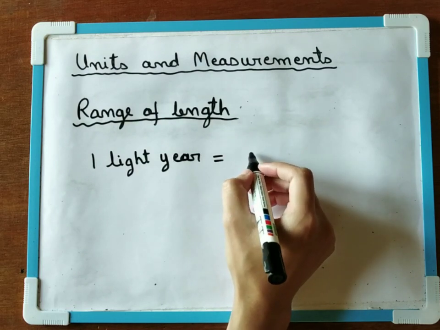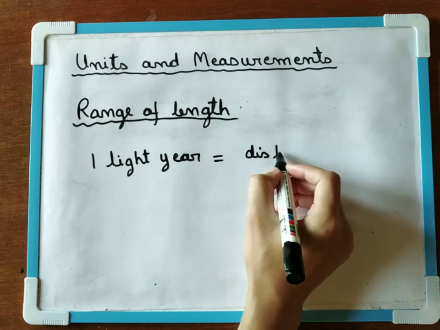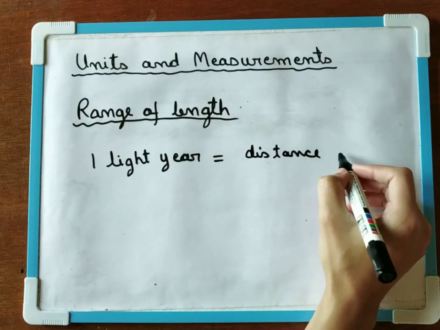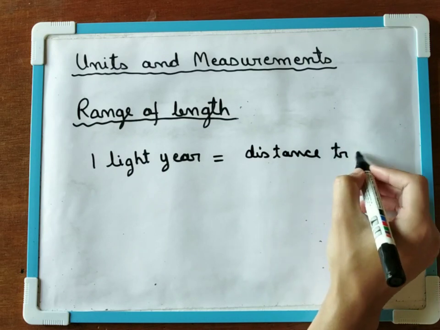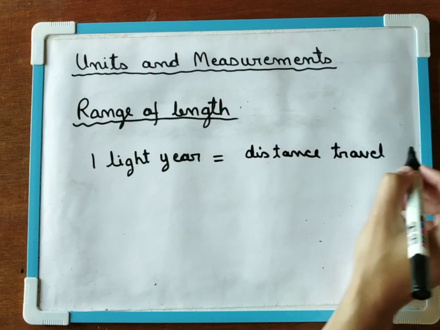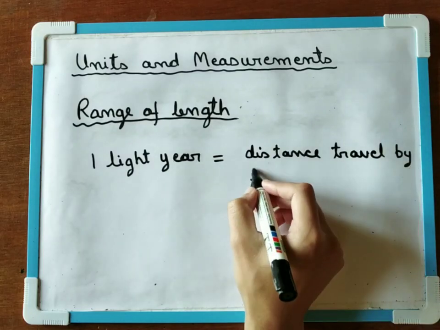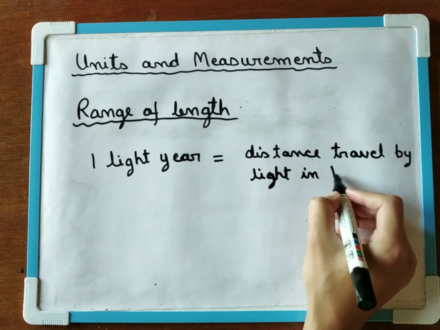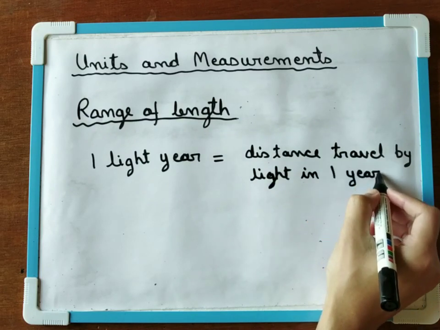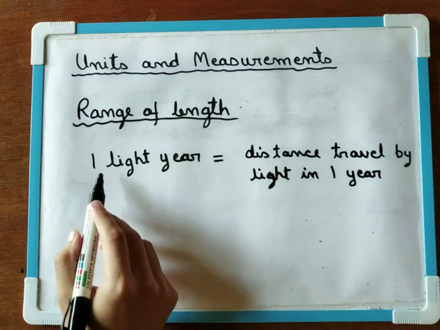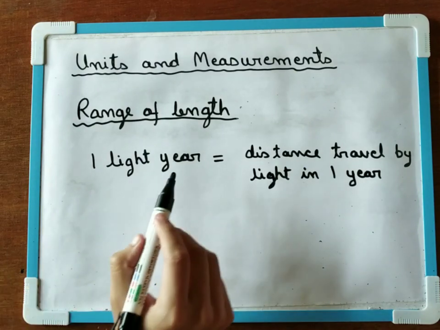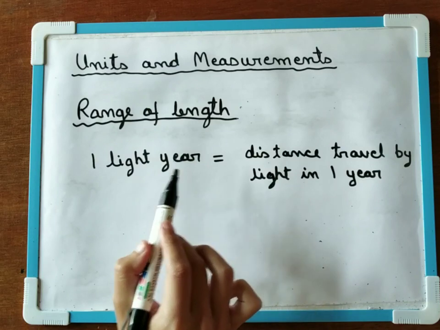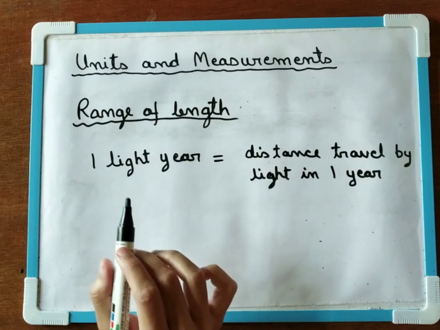So 1 light year is equal to the distance traveled by light in 1 year. Okay, so this is a unit of distance. Remember, don't be confused because we have a year here. It doesn't mean that it is the unit of time. It is the unit of distance.